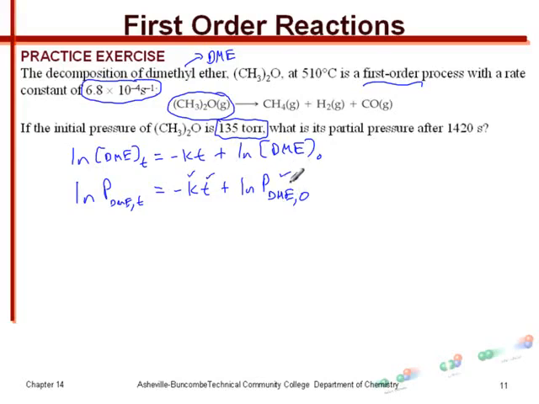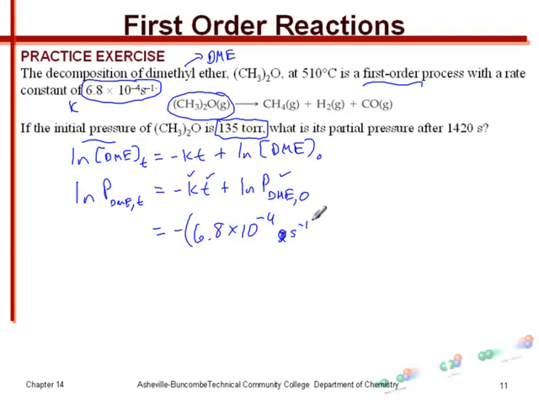And we do have that. We have the k at this point. We have the initial pressure here, 135 torr. Excuse me, and we want to know the partial pressure after 1,420 seconds. And so, really, all we have to do once we have this expression is to plug and chug and see what our value is going to come out as.